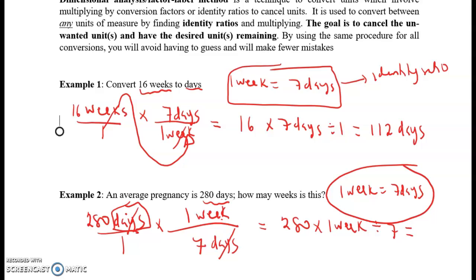So 280 times 1 week divided by 7 will give you 40 weeks. So 280 days converted to weeks gives 40 weeks. This is how you use dimensional analysis to convert one unit to a different form.